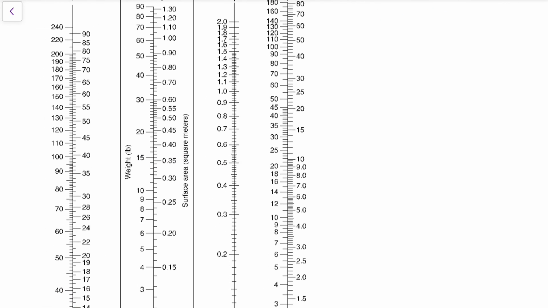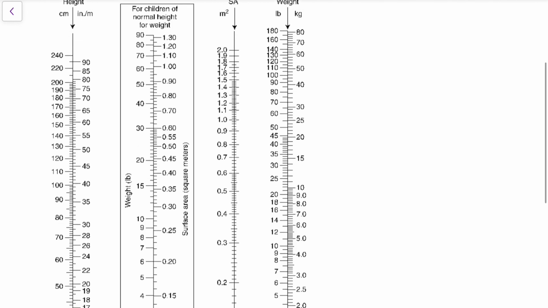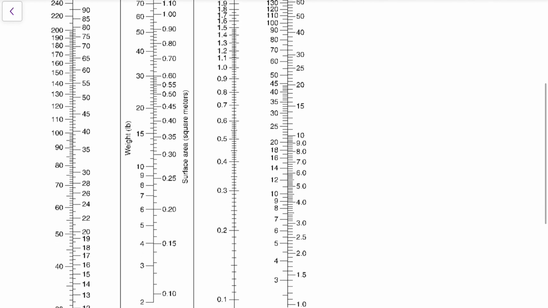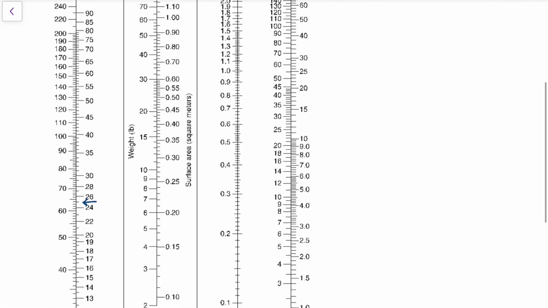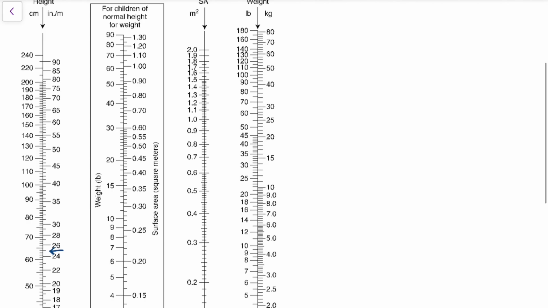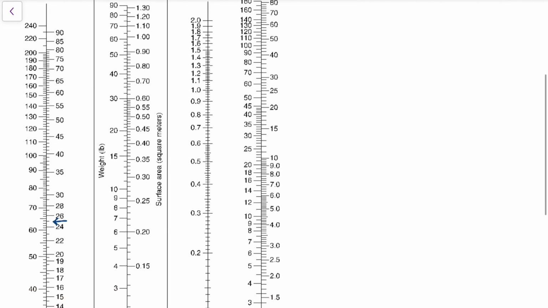So my 25 inches is going to be right there. And then my 7 kilograms is going to be right here.